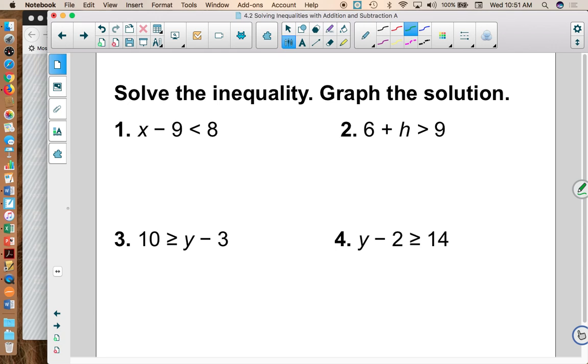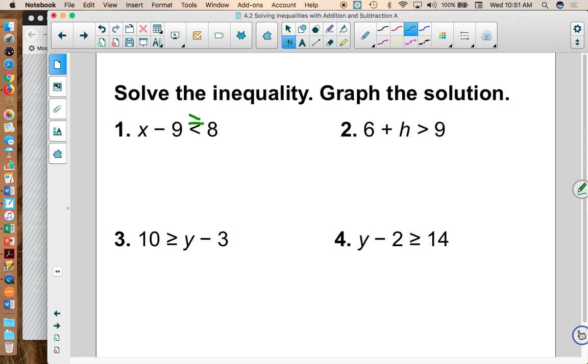Previously, if I said this was an equal symbol, how would you tell me to solve x minus 9 equals 8? By finding out what x was. Right, and how would I do it? Something minus 9 equals 8.